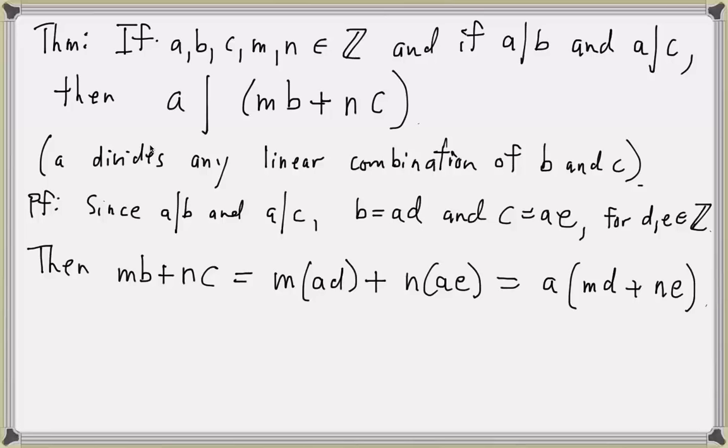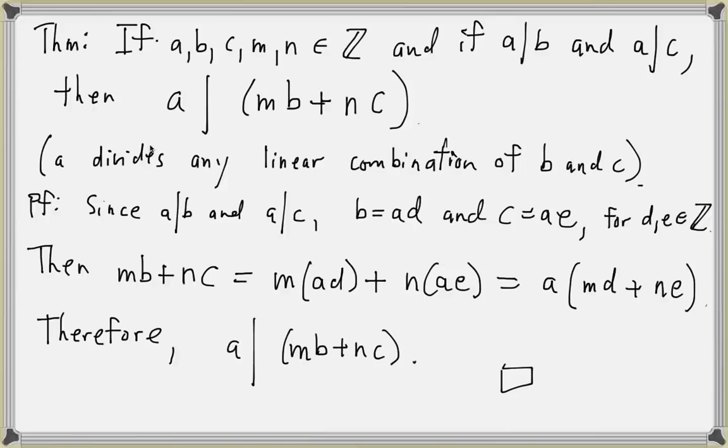Therefore, md plus ne is an integer, and we've written mb plus nc as a times an integer. Therefore, we can conclude that a divides the quantity mb plus nc. So this is an important result which we'll use in future theorems. So if a divides b and a divides c, then a divides any linear combination of b and c.